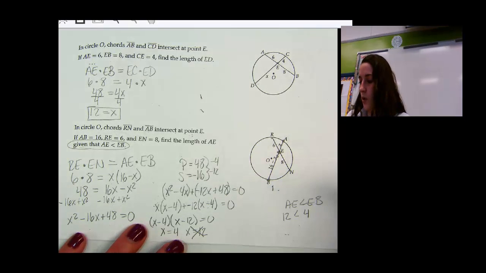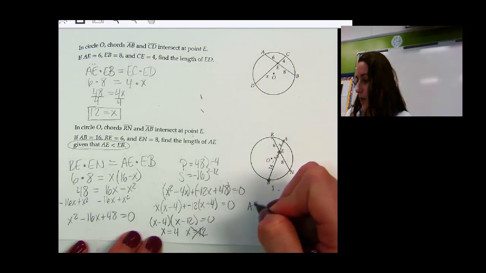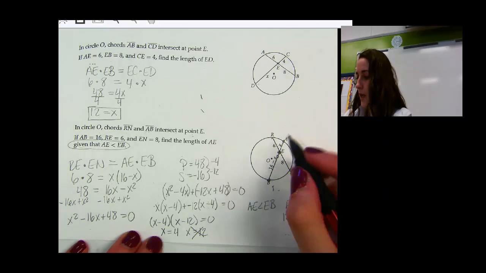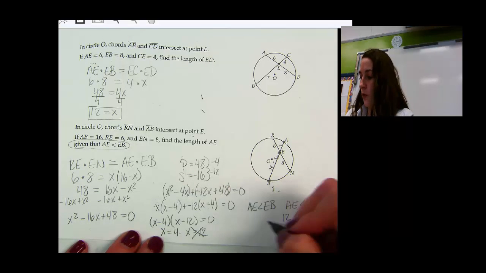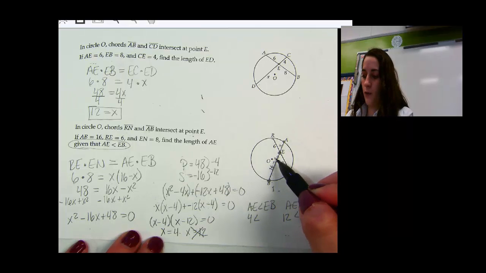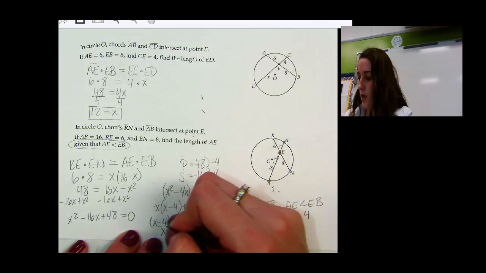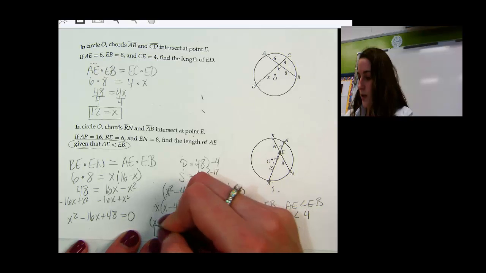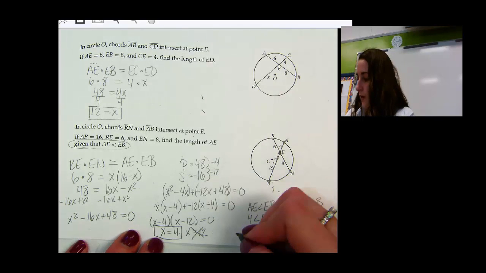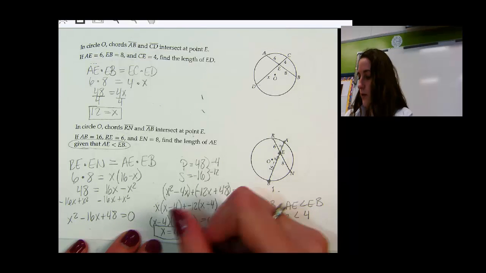So 12 isn't going to work. Hopefully 4 is going to work. So if AE has to be less than EB, AE is going to be x, which is 4. Is that less than 16 minus 4, which is 12? Yes. So x equals 4 is my answer, and the length of AE is going to be 4.